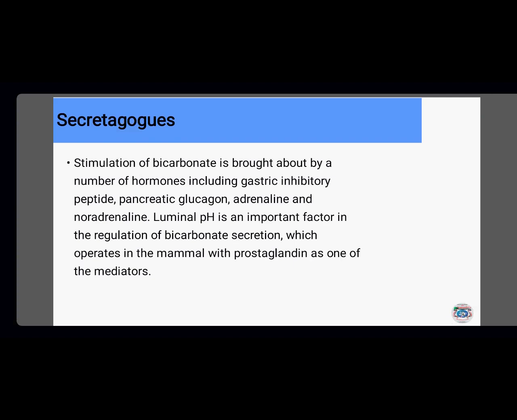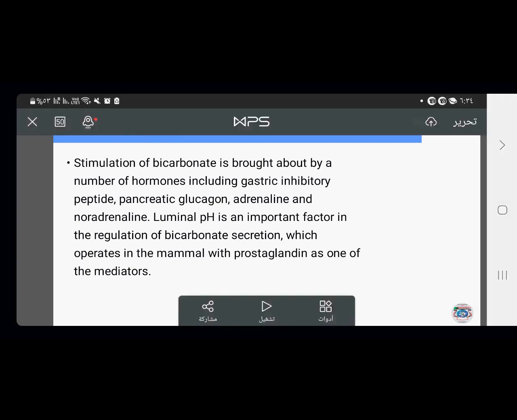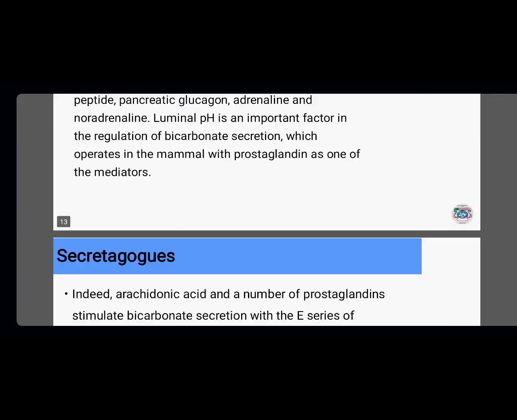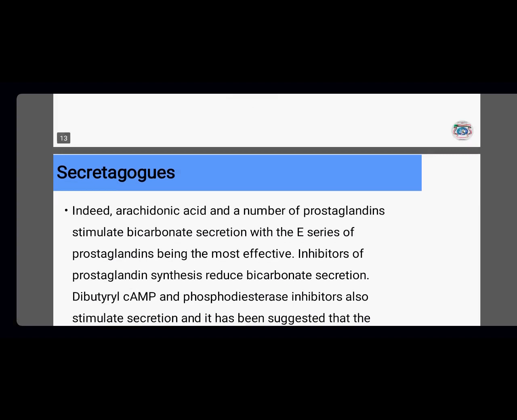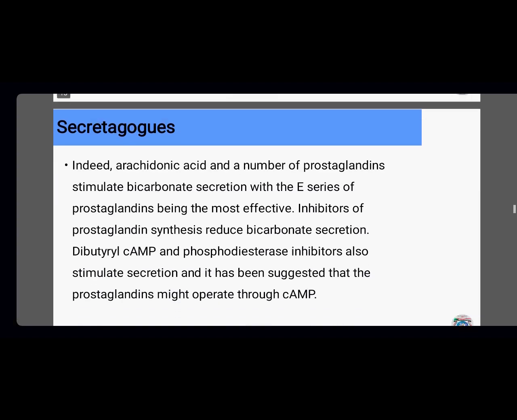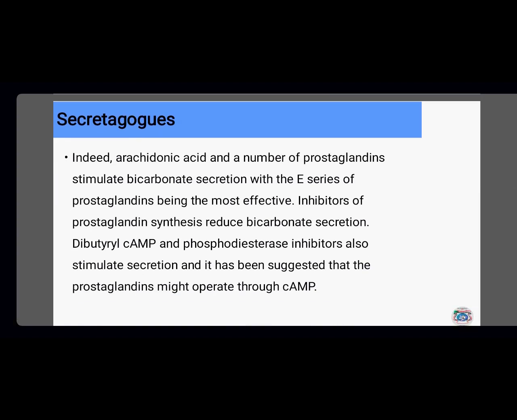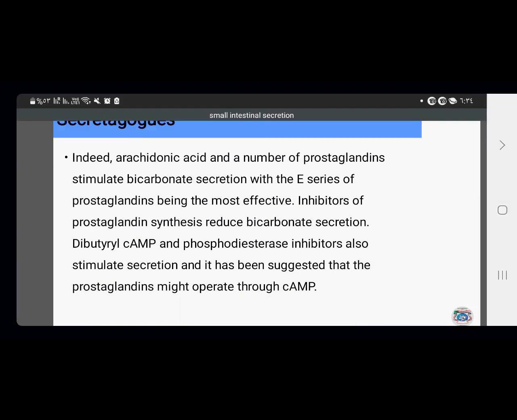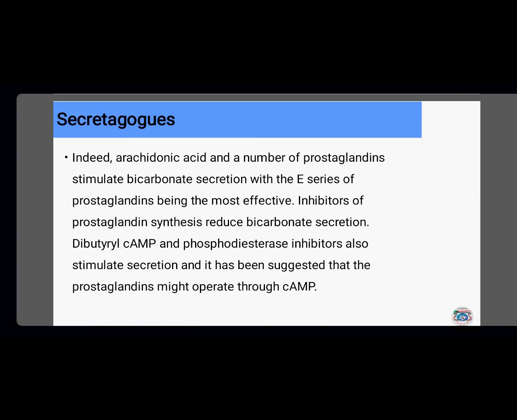The action of these hormones, such as glucagon, is mediated by prostaglandins. Indeed, arachidonic acid and a number of prostaglandins. Arachidonic acid is the precursor of prostaglandin, as you know from your biochemistry background. Prostaglandins stimulate bicarbonate secretion, with the E series of prostaglandins being the most effective.